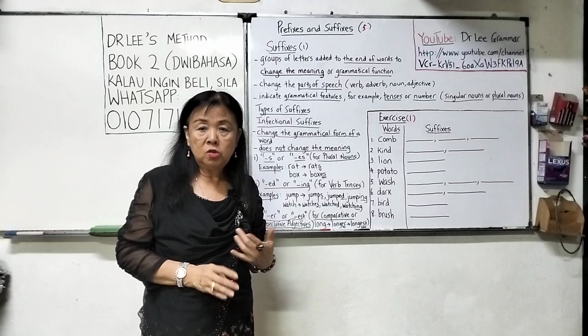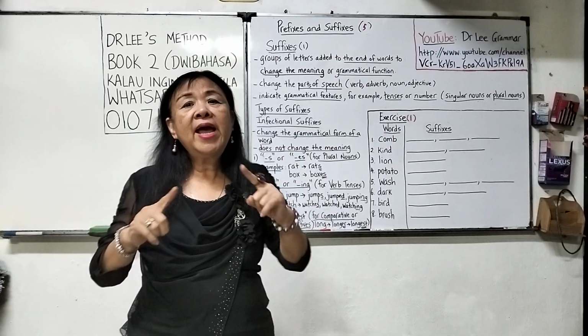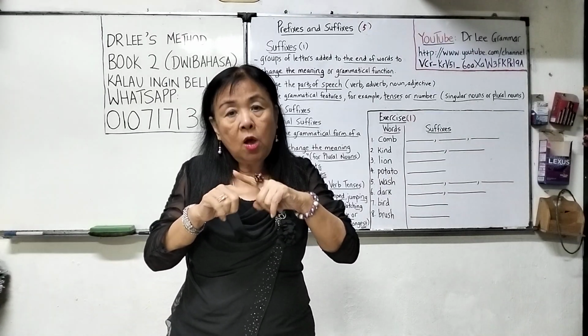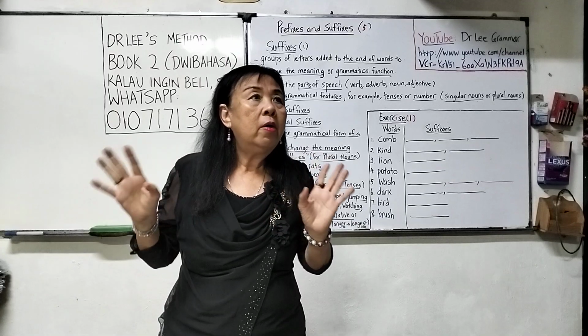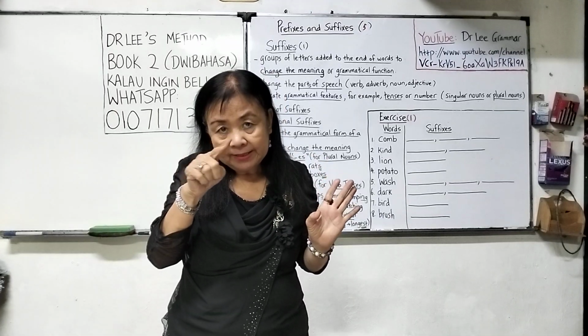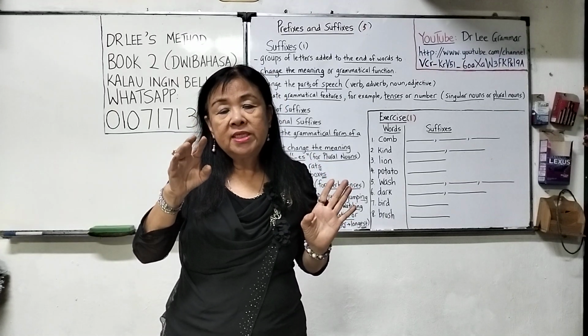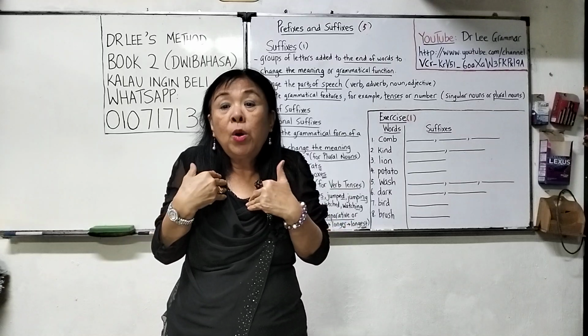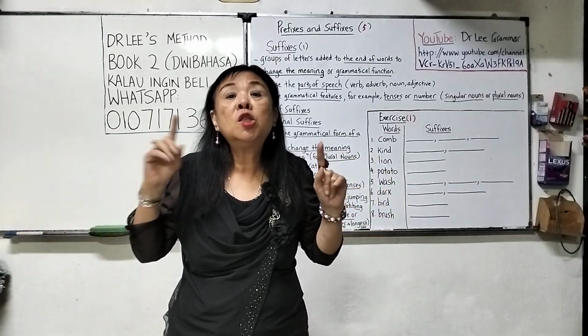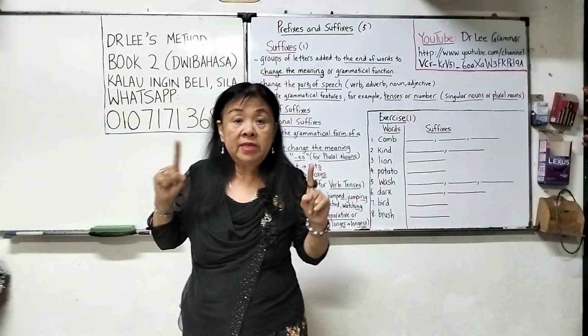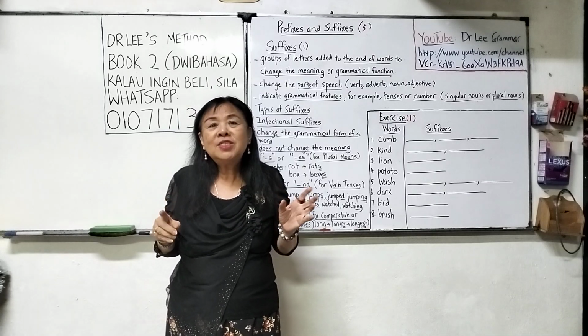Or box. Normally, when a word ends with an X or H or S, we put ES when we mean many, normally. As I have said before, English is a language.